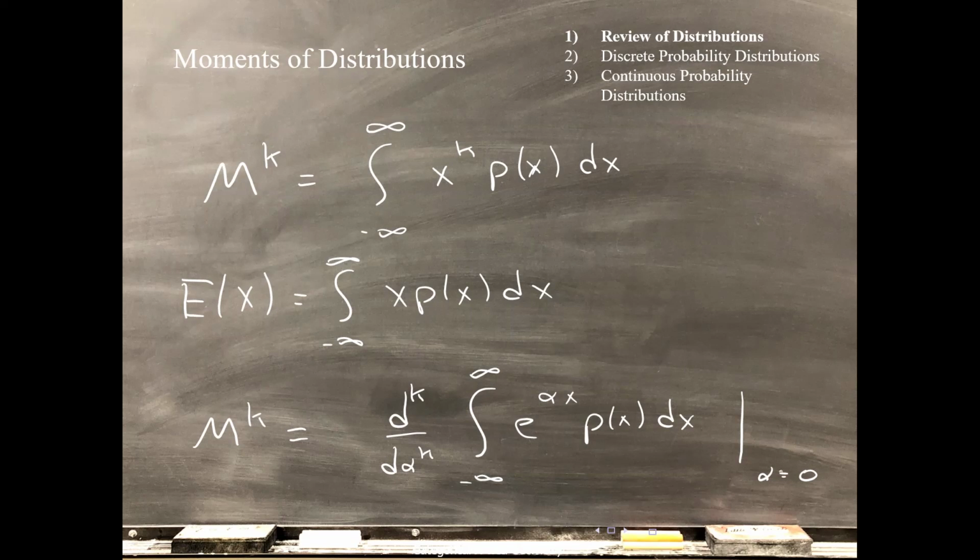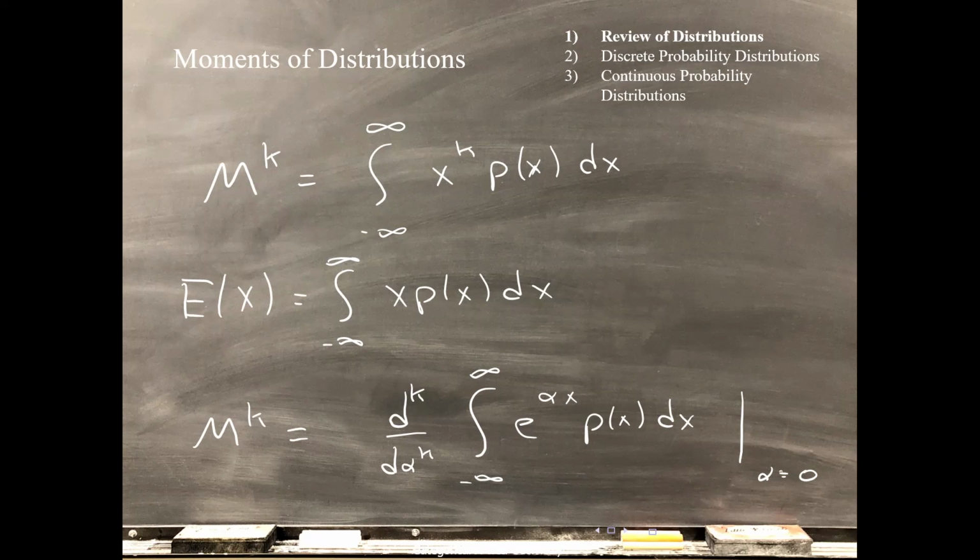But more generally, we can encode all of this information about the moments of the distribution in terms of what's called the moment generating function. So that's given below as to how we extract from the moment generating function, which is the integral below, a particular moment.